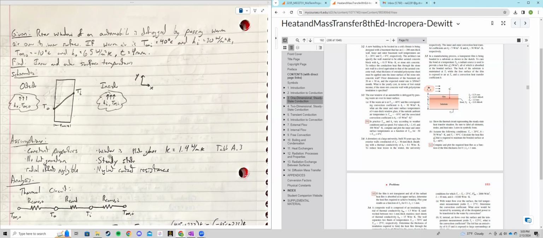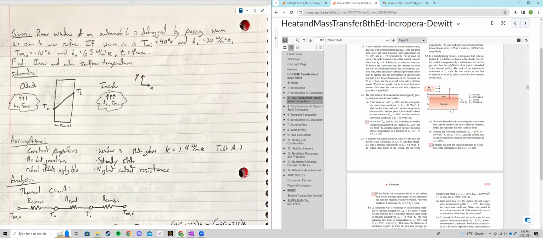In the problem statement, we were given that it's a window, so assuming glass. Since it did not give us any properties of that, we would have to tap into table A3 of our textbook, and in there we could find that we have a thermal conductivity of around 1.4 watts per meter Kelvin. So we will be using that for this example.